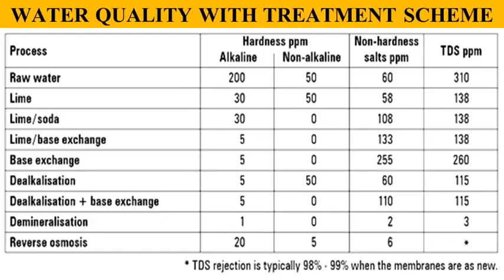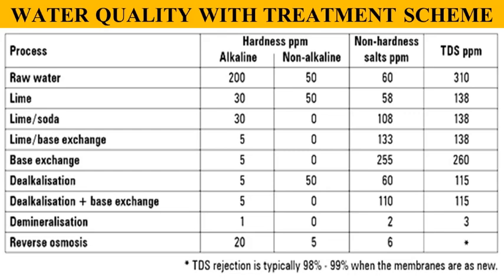So it is important to note that we adopt different treatment schemes so that we can maintain desired hardness in ppm, alkalinity, and the amount of dissolved solids and suspended solids which are not creating hardness.